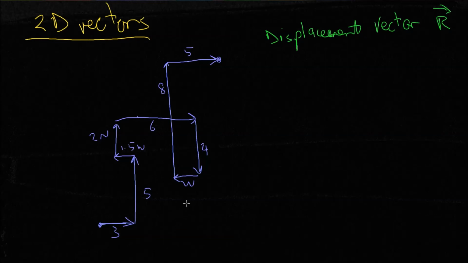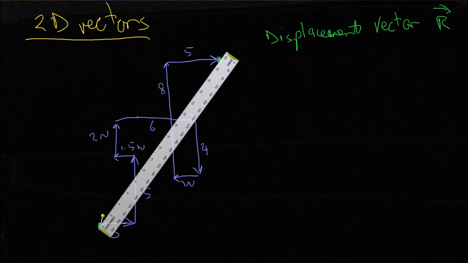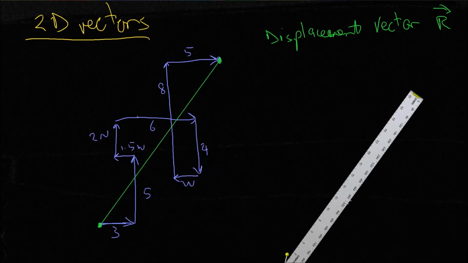And again, all we need to do is solve that graphically, and the way we do that is we go from the very first tail, follow our path all the way up to the very last head, and we get our ruler, put our ruler here, bring it up to the end there, and we measure this line all the way down, and that is our displacement vector r.